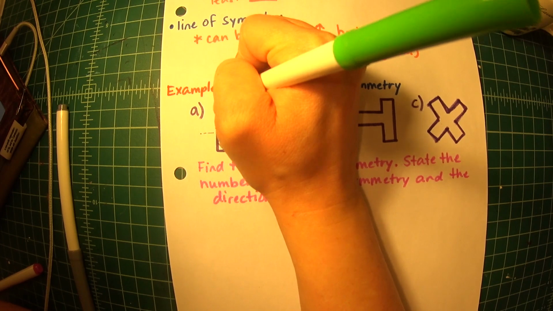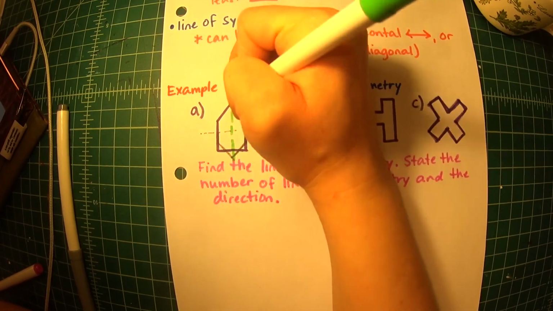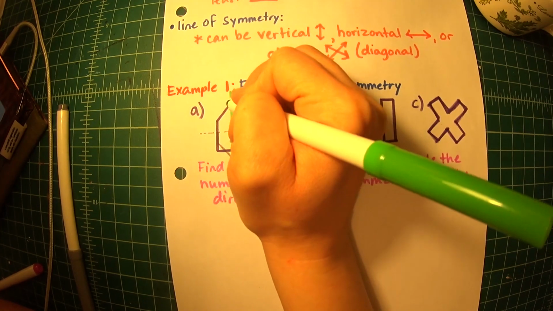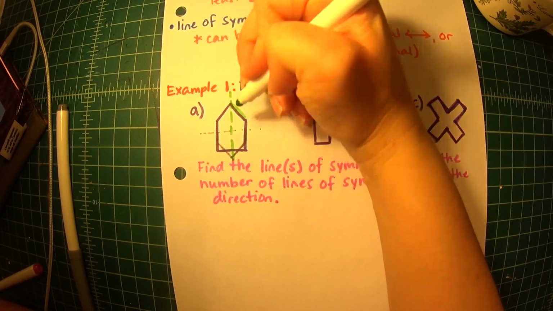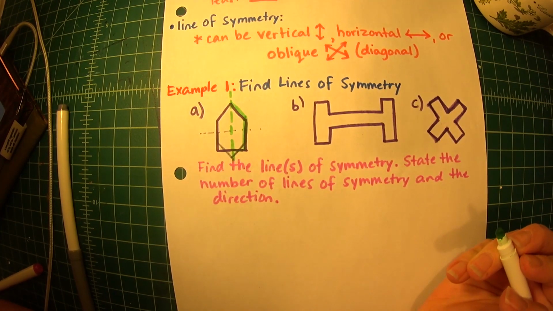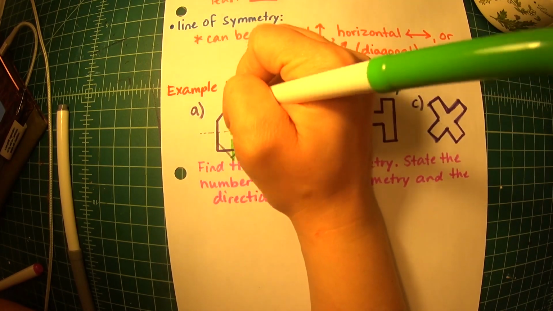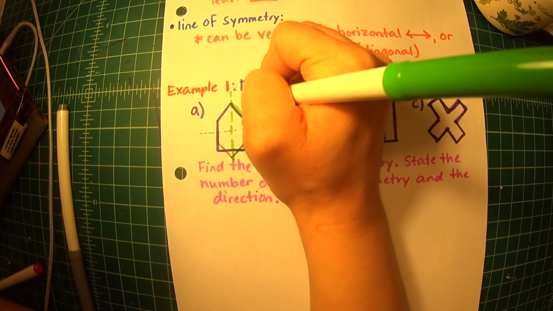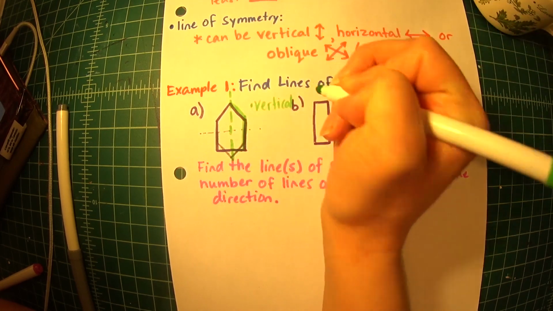Vertical, if we go straight down the center and we imagine the mirror image of the one side over top of the other, well, it would match up. So we have at least one line of symmetry, and that is vertical. So I'm just going to write vertical here.